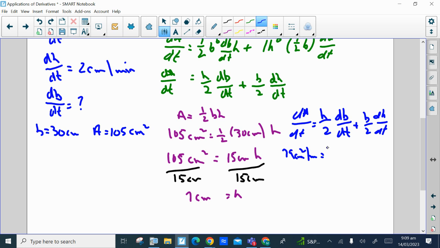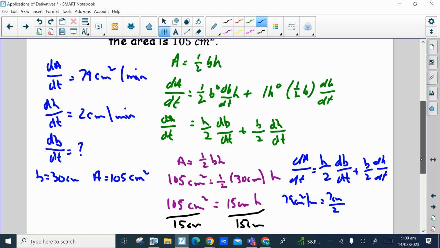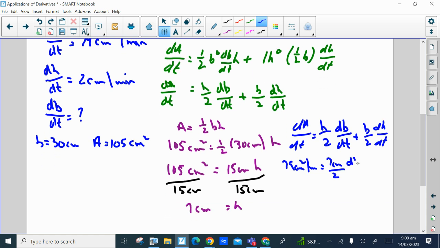And that will equal h, which is 7 centimeters over 2 times dB by dt, which is what we're trying to find, plus, sorry, that's b. b is 30 centimeters over 2 times dH by dt, which is 2 centimeters per minute. I'm kind of run out of room here, so I won't put the units for that.